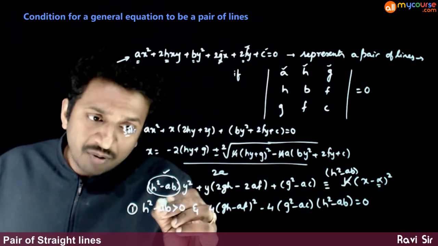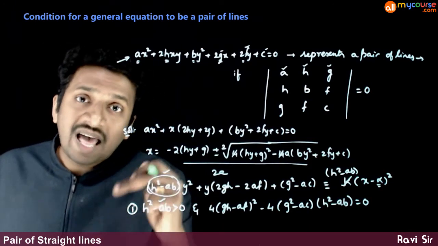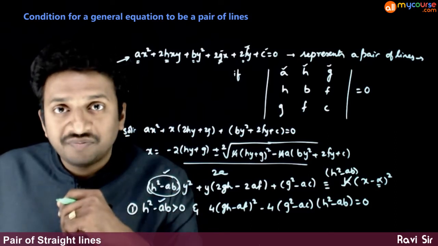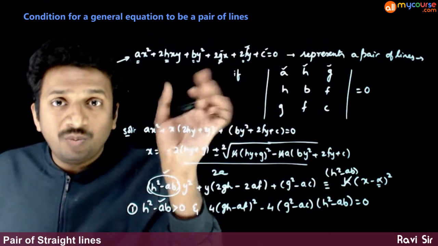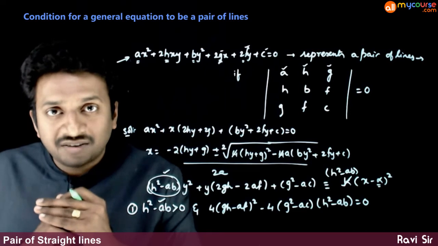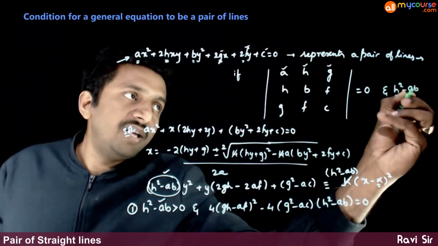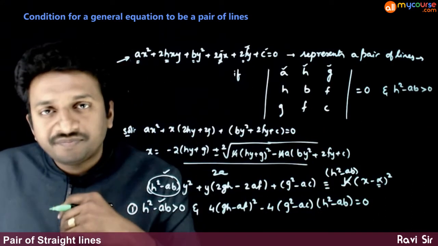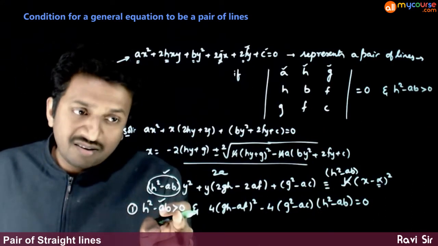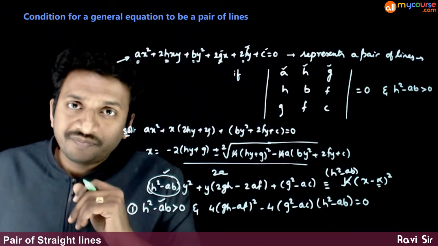And you have to remember, h square minus ab has to be also greater than 0 for this to be able to be factorized into 2 factors.